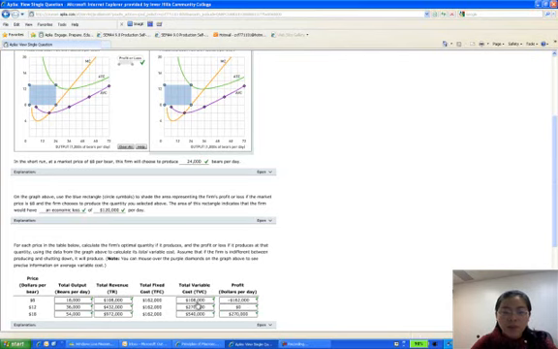The total variable cost is the average variable cost times the total output. Average variable cost at this point is 6, times the total quantity, that is the total variable cost. And the profit, of course, equals total revenue minus total fixed cost minus total variable cost.